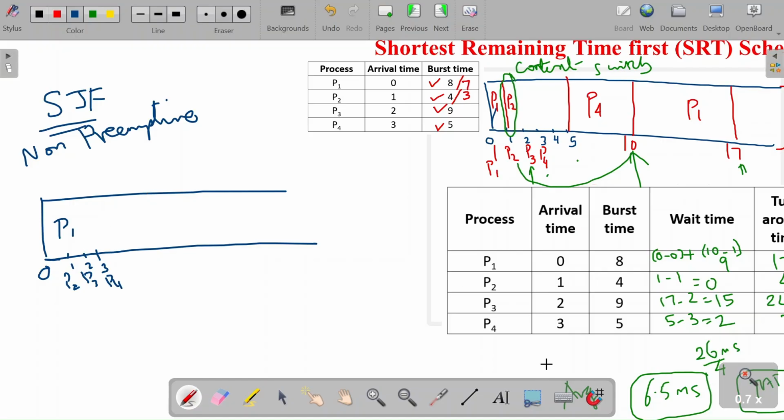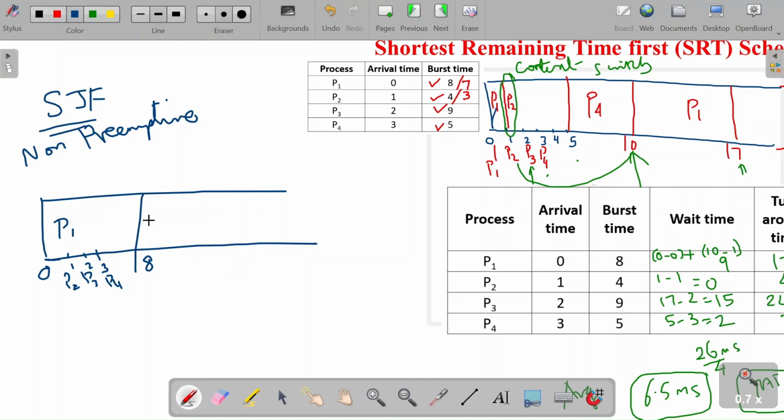How long does P1 need? P1 needs a burst time of 8. Am I right? So until 8 milliseconds, P1 does its job.